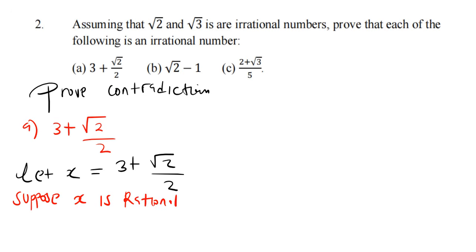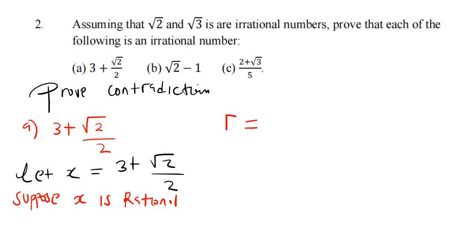Now if really x is a rational number, this means that if we solve this expression, we're literally going to have x as an answer. Now this x, let's call it r.